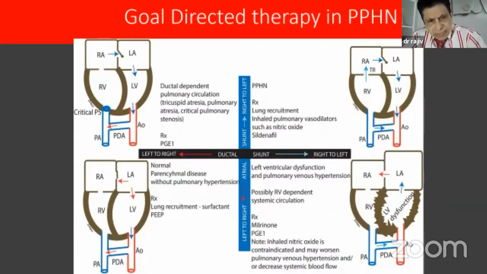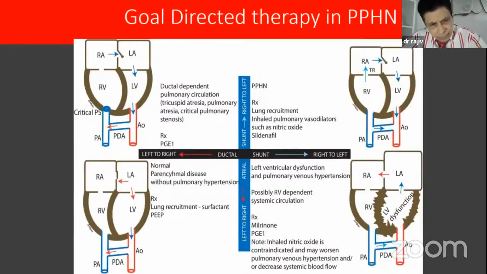Try to use inhaled pulmonary vasodilator, which we don't have in India. Go to Sildenafil. I'm sure in the 75% of times which we see in the LMIC, we don't have access or we can't do frequent echoes. You do some good ventilation, recruit lung volume, optimize the cardiac preload, and then give Sildenafil.